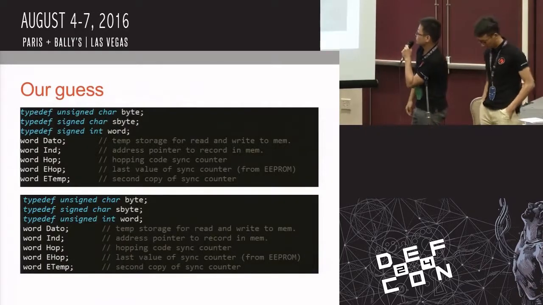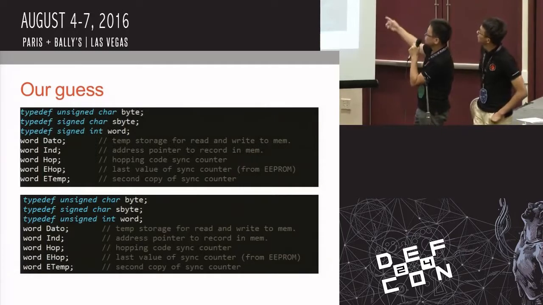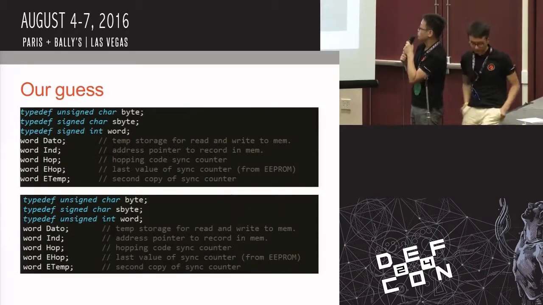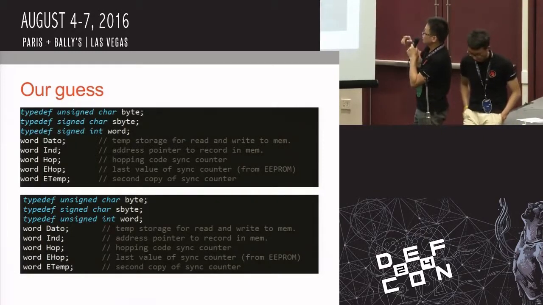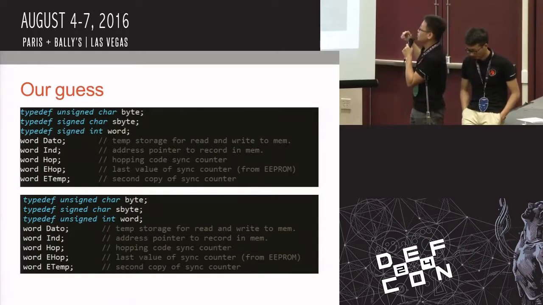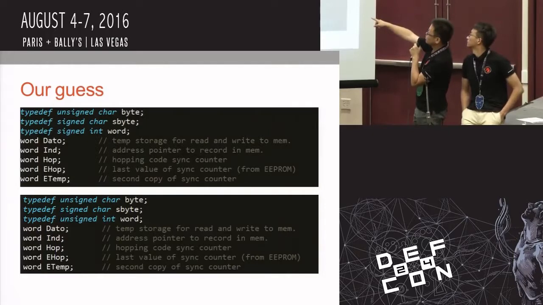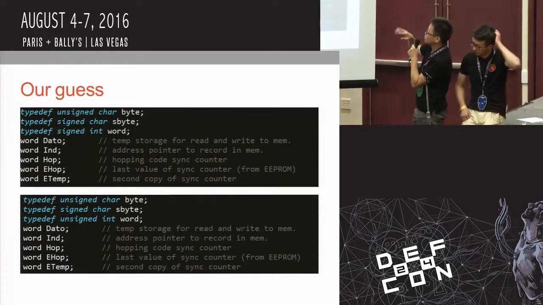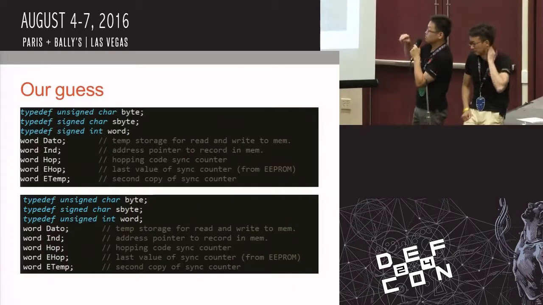So this is our guess. From the first picture we know this is the code written by the chip designer. He designed the word as an unsigned int. So when they compare two numbers, we get the negative one.